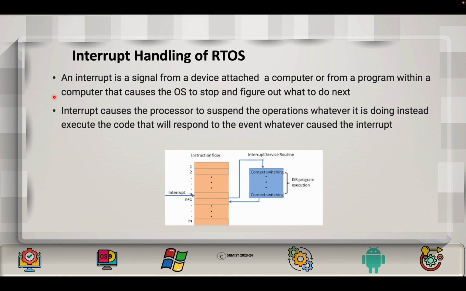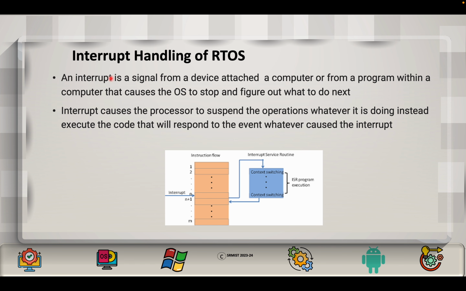The next function, interrupt handling of RTOS. How does RTOS handle interrupts? An interrupt is a signal from a device attached to the computer. Whenever some event occurs, the interrupt is signaled to the processor, and the processor will run the interrupt routine assigned to that particular interrupt.